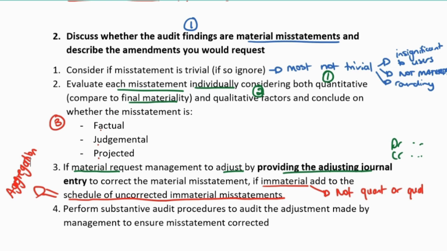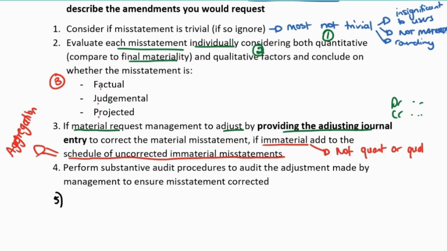And then, guys, we need to add here, I need to do that aggregation of the immaterial to see if there's a further adjustment. Aggregate the immaterial and compare to final materiality.